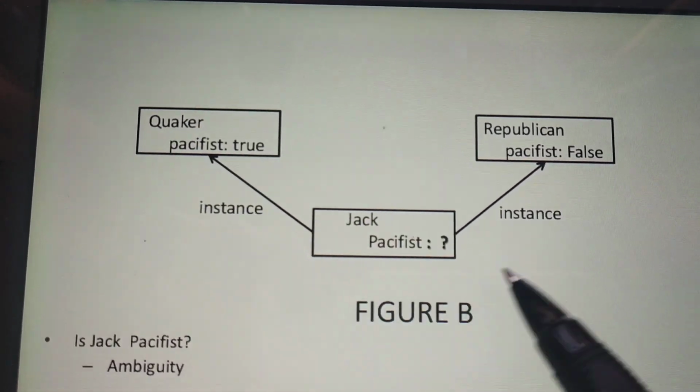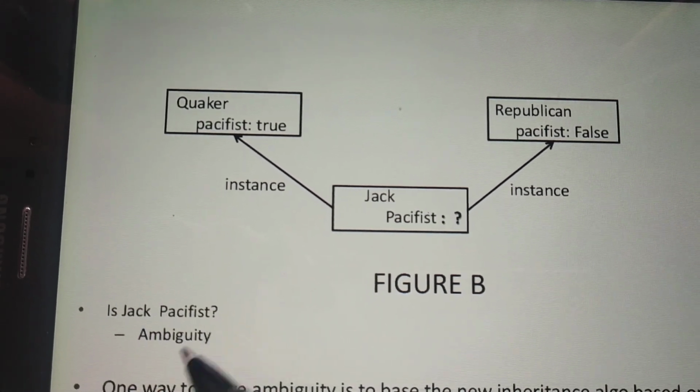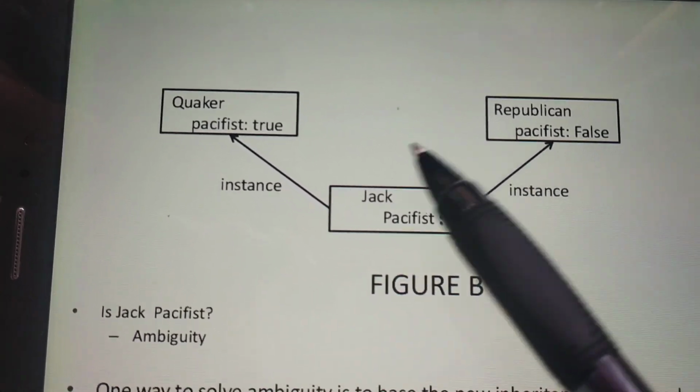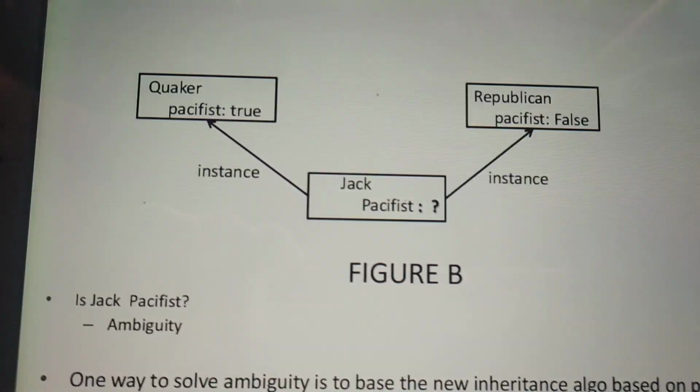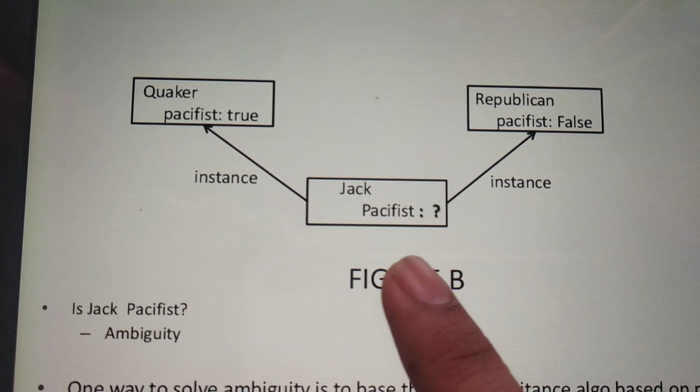So this is also another example. If the question is asked, is Jack pacifist? The answer is ambiguous, because in this case also you can't get the answer. Now there's a small difference.